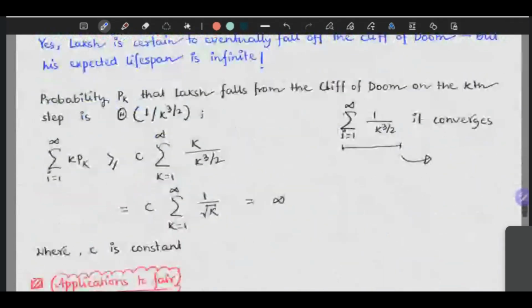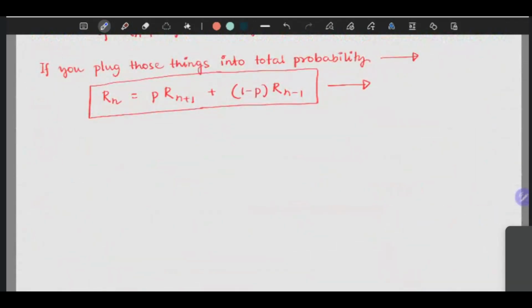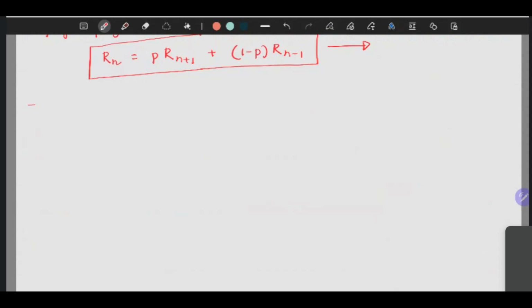So basically, solving difference equations.